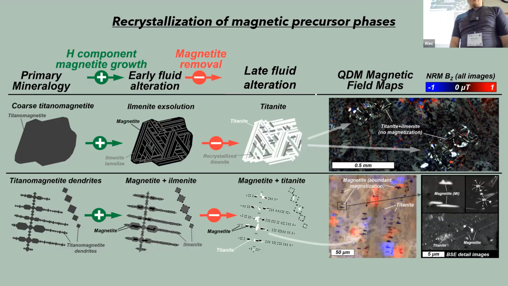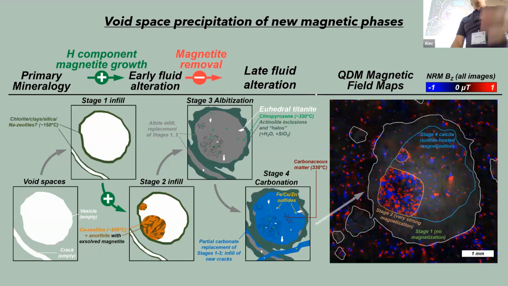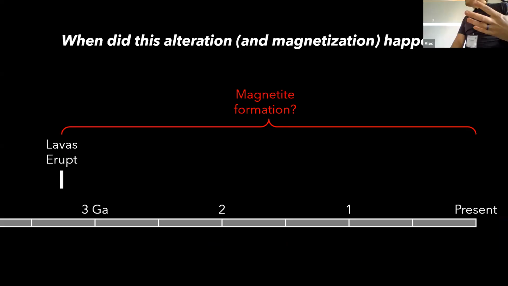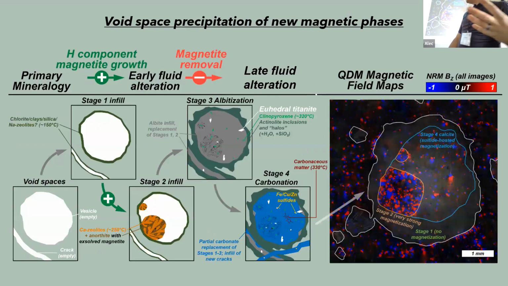The titanites that we actually dated are from a different generation, or I should say they're produced by different reactions. You can see them in here. They're coming in during the albitization and, in our case, actinolitization reactions in these rocks. That ends up making a lot of sense.